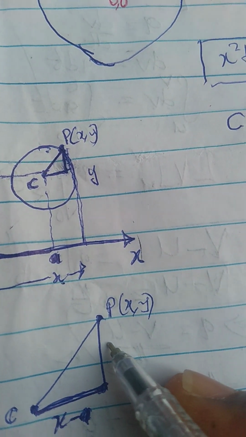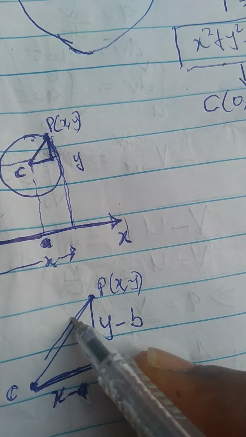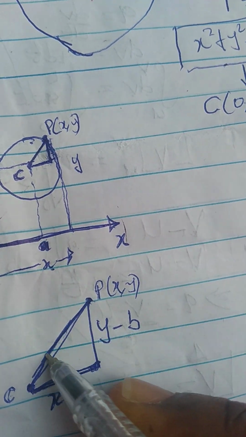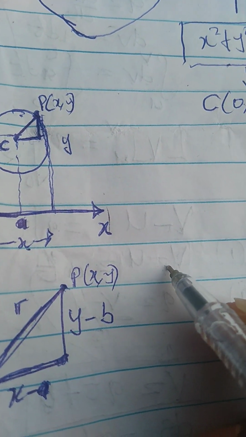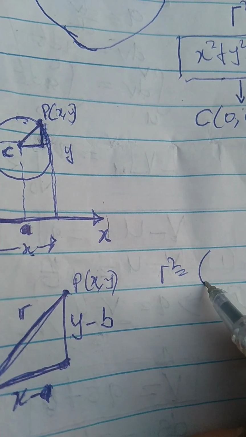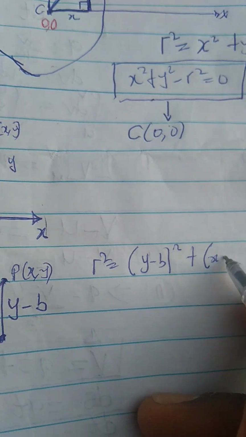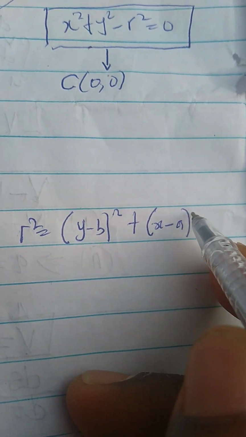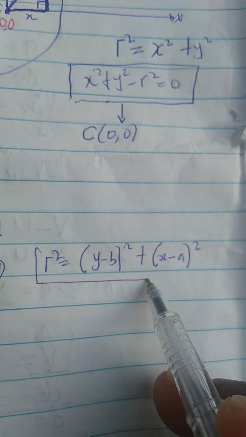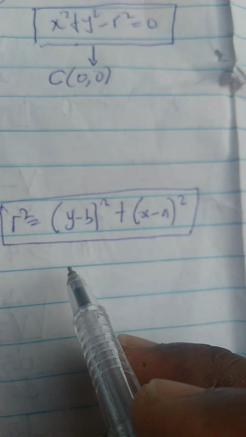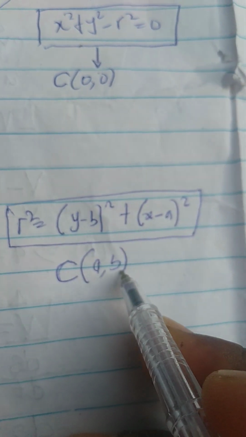So for the vertical axis, we have y minus b, and the distance between the center of the circle and the variable point is the radius of that circle. Now, from Pythagoras theorem, we have r squared is equal to (y minus b) squared plus (x minus a) squared. This is the equation of a circle that has center C located at point (a, b), which is not the origin.